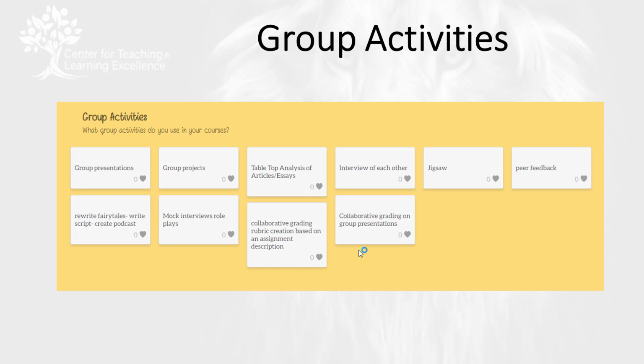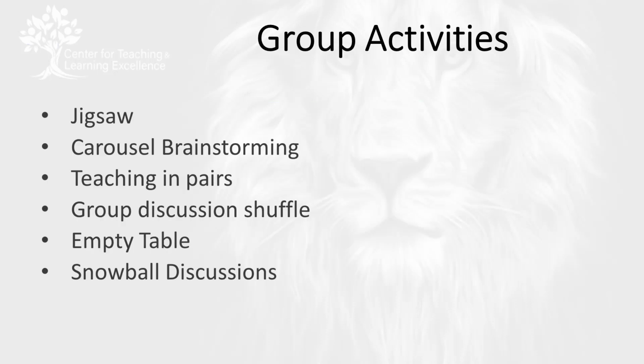All right, so let's take a look at a few examples. For those who don't know Jigsaw, there are a lot of different ways to do it, but basically you think of a puzzle that goes together. So what you're doing is you're breaking the students up into different groups. The standard way to do a jigsaw could be groups of 4 to 6. And then you break down the content into 4 to 6 areas.